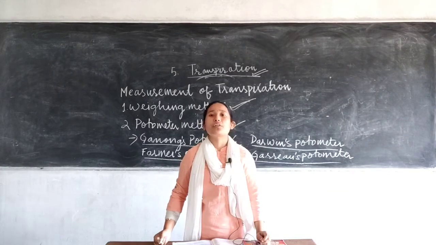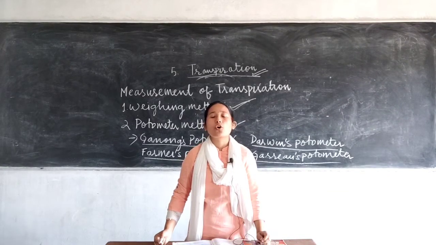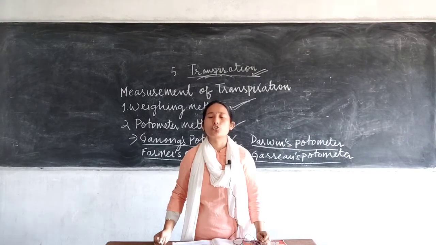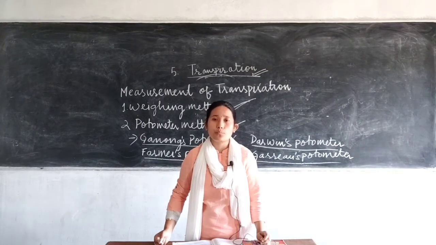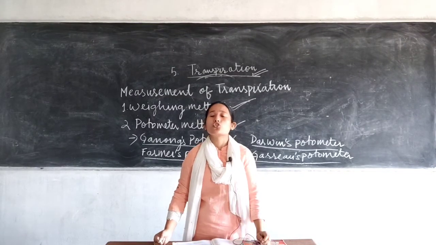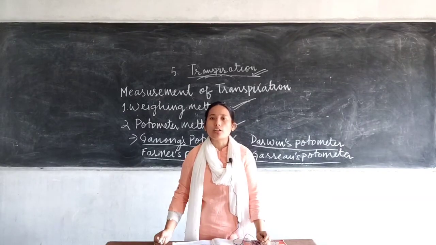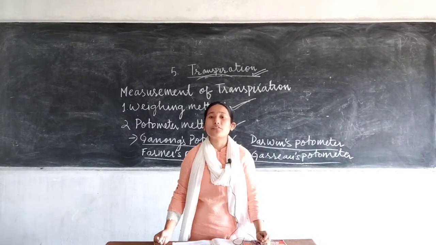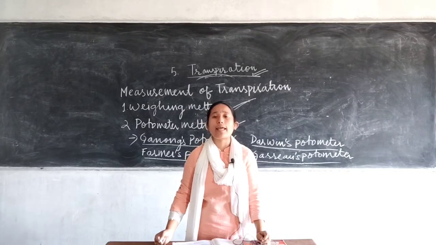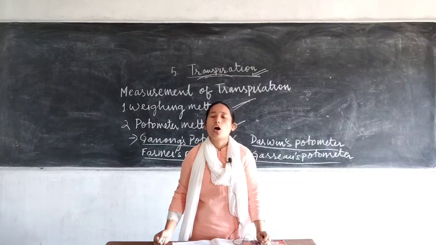That difference in weight is equal to the volume of water lost through transpiration, because as you keep the potted plant in sunlight for a few hours, water loss will occur. So that water lost is equivalent to the difference between the weight taken initially and after being exposed to the sunlight.